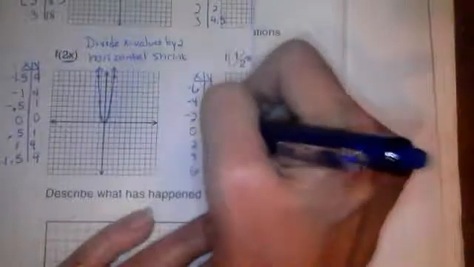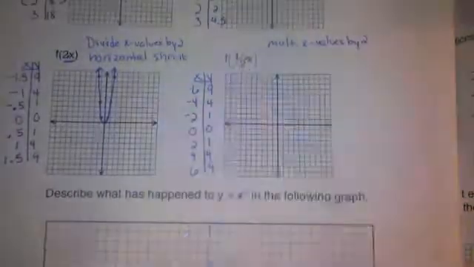I'm going to multiply those by 2. So I have -6, -4, -2, 0, 2, 4, 6. And the y values, they're going to stay the same. So multiply the x's by 2. It's the opposite of dividing by 2 or multiplying by half.